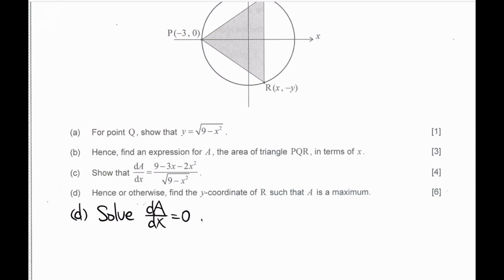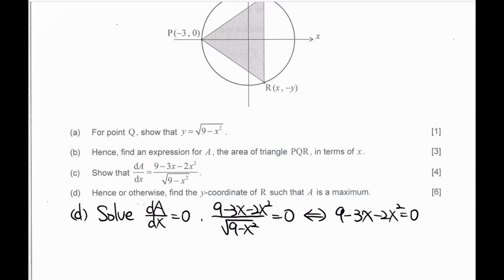This implies that (9 minus 3x minus 2x squared) over the square root of (9 minus x squared) is equal to 0. For a fraction to be 0, it is equivalent that its numerator is 0. So it is if and only if 9 minus 3x minus 2x squared is 0.